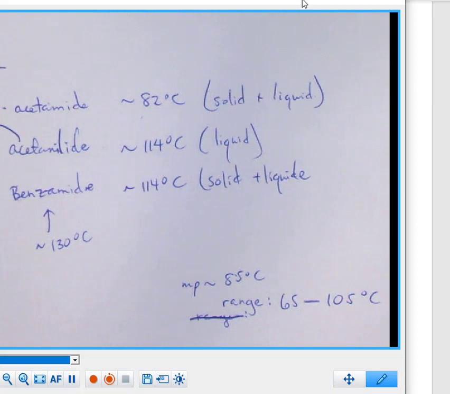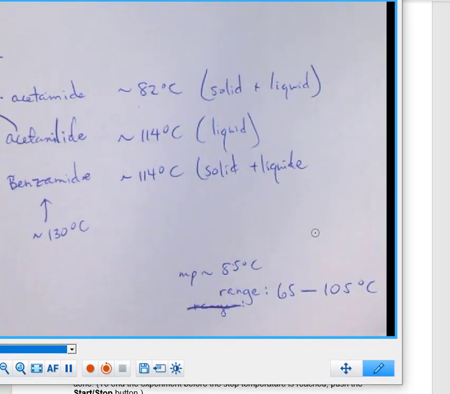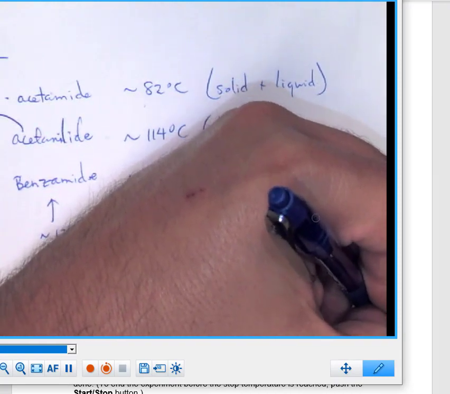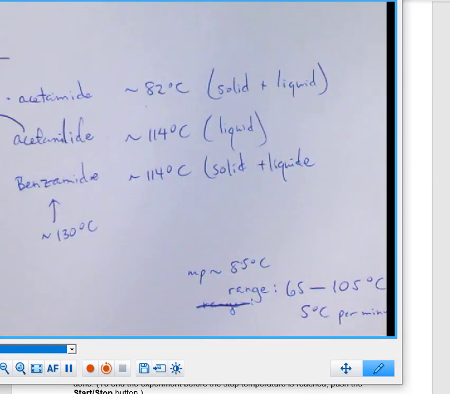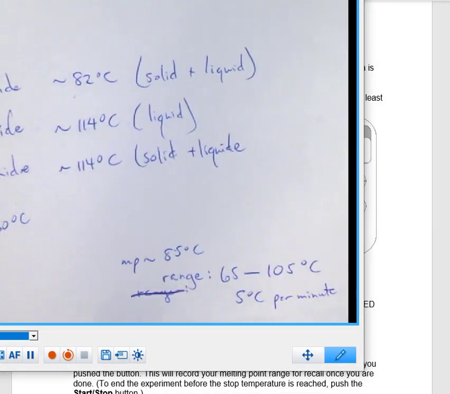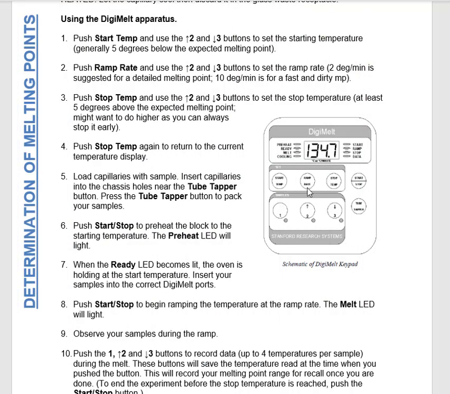And then the slower the ramp rate, the more accurate your data will be. And so really I kind of say you don't want to go more than 5 degrees C per minute if you want to be very accurate. And I believe, I can't remember all of the different rates that it has, but I think it has like 5 degrees C, 10 degrees C, and 20 degrees C per minute. And so you can use it with that ramp rate button right there.